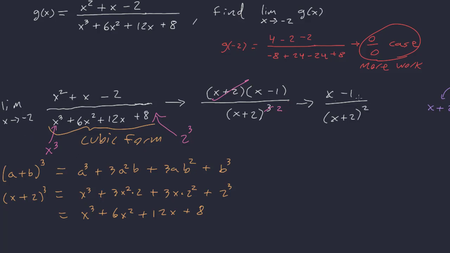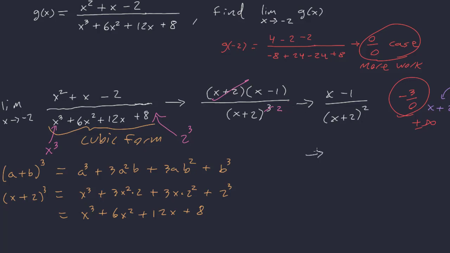Now, when we plug in the negative 2, this will be negative 3 over 0. Okay, so now we know we have a plus or minus infinity. So which one is it?